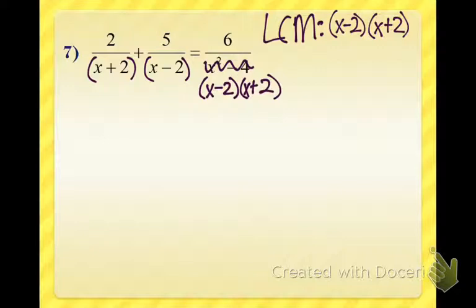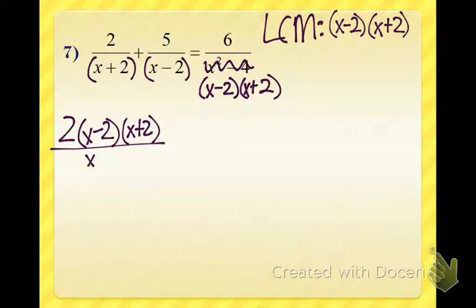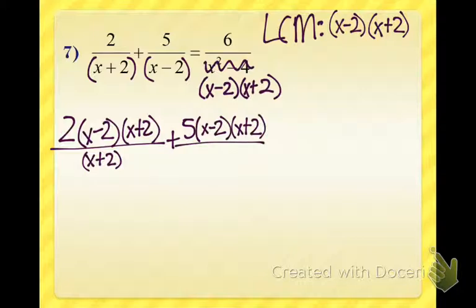So we are going to multiply 2 times x minus 2 times x plus 2. Still keeps its same original denominator. 5 gets multiplied to x minus 2, x plus 2. Keeps its same original denominator.